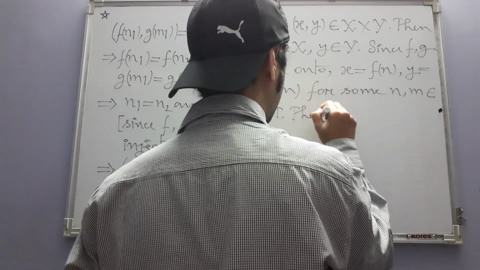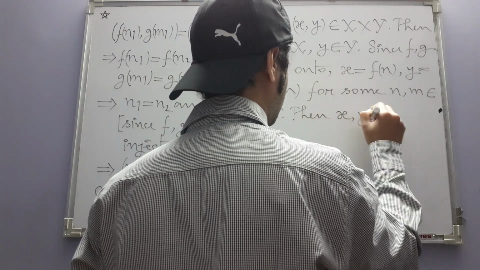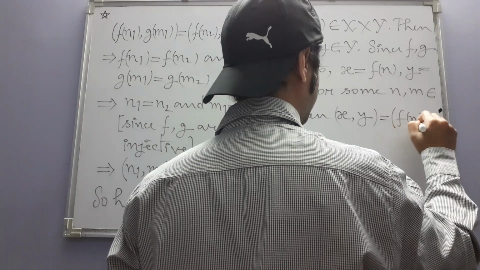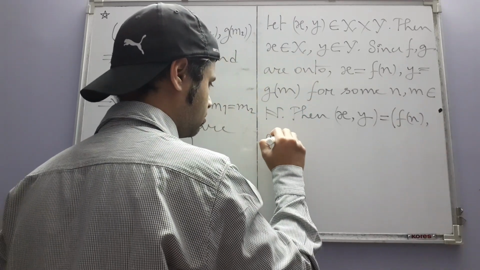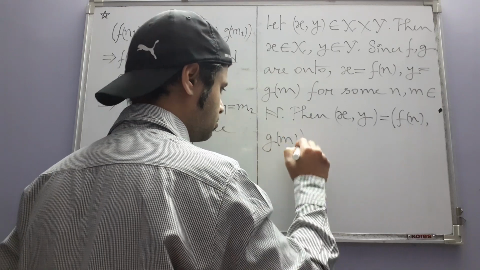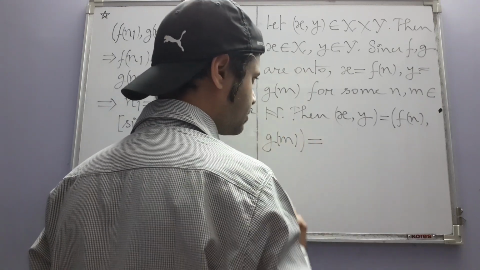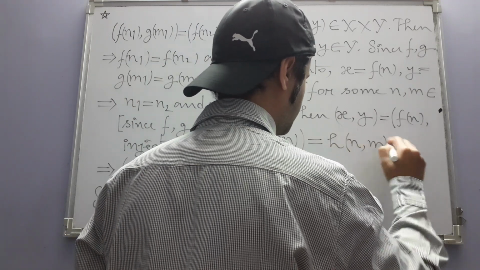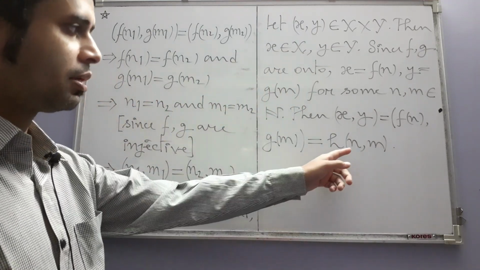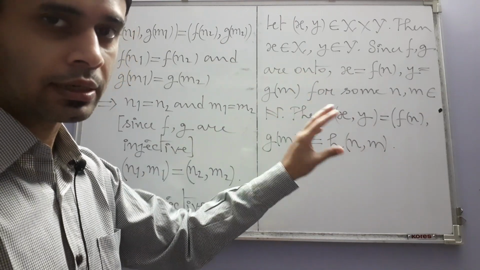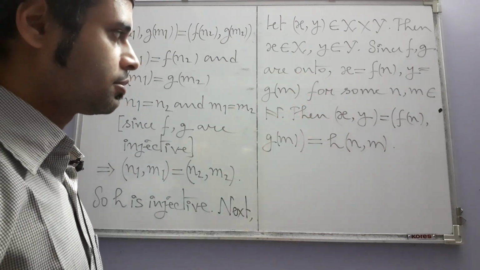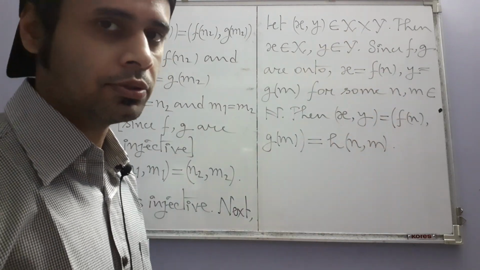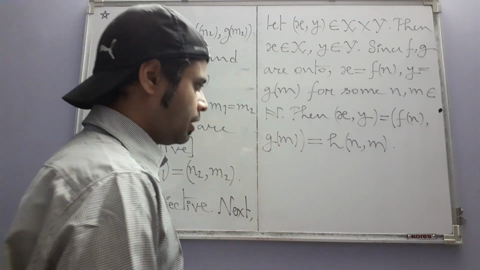Then our ordered pair becomes f of n comma g of m, and that is simply the H image of the ordered pair n comma m, which of course comes from the Cartesian product N cross N. So this shows that any element in X cross Y is an output for some input in N cross N, and so H is onto.